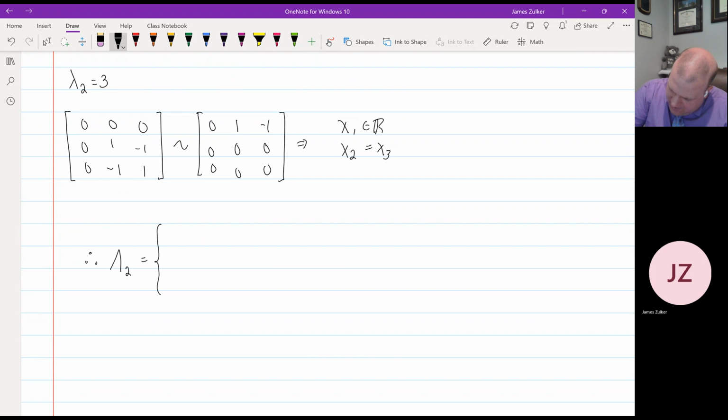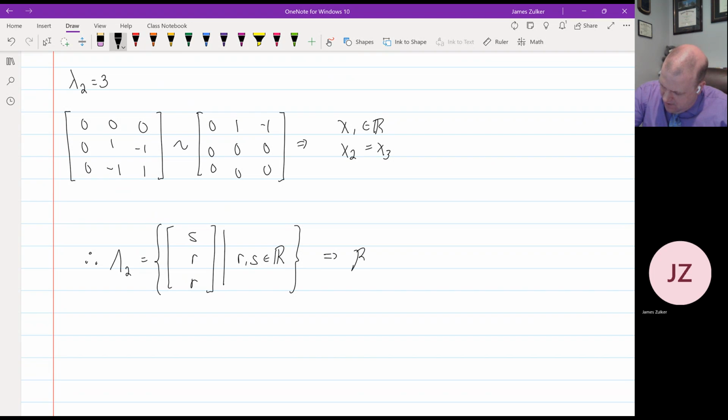So our eigenspace is a set of vectors of the form S, R, R, such that R and S are any real numbers. We take for our basis then the set 0, 1, 1 and 1, 0, 0.